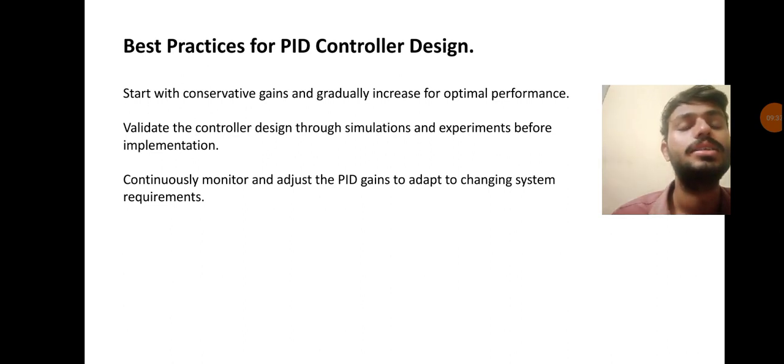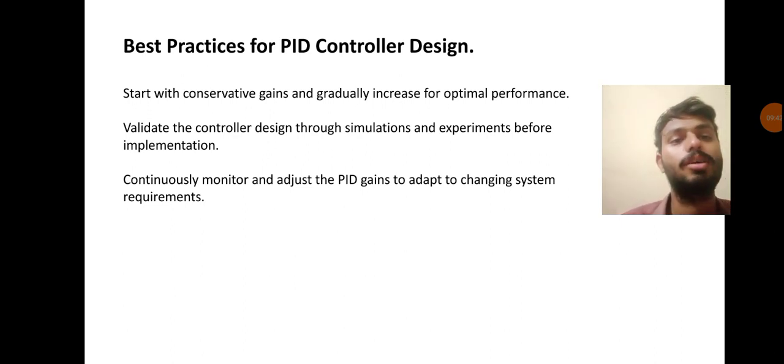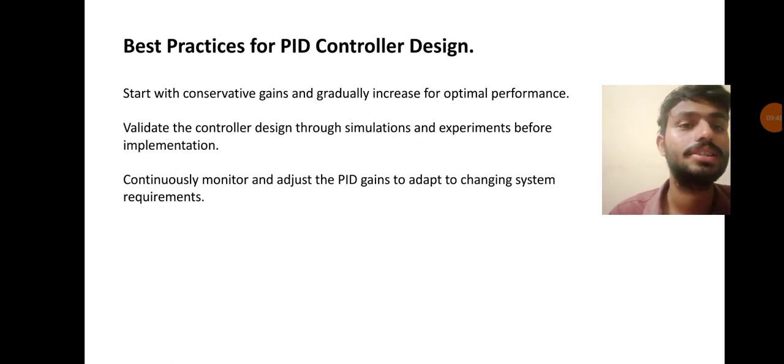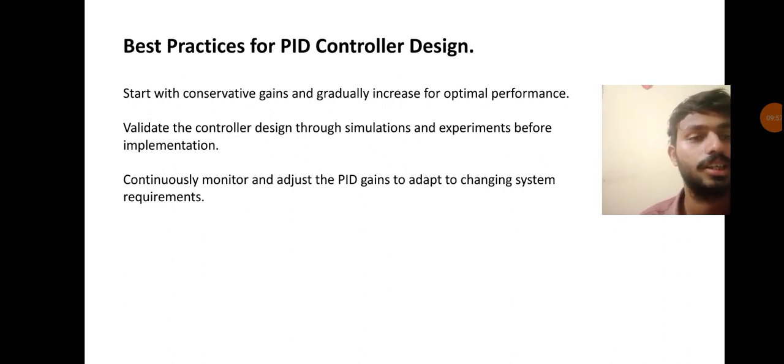We have to be very careful before doing any experimentation or implementation.